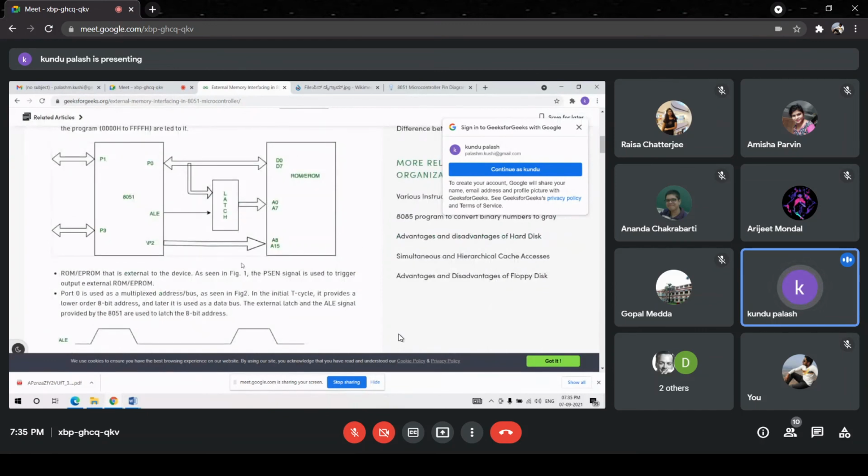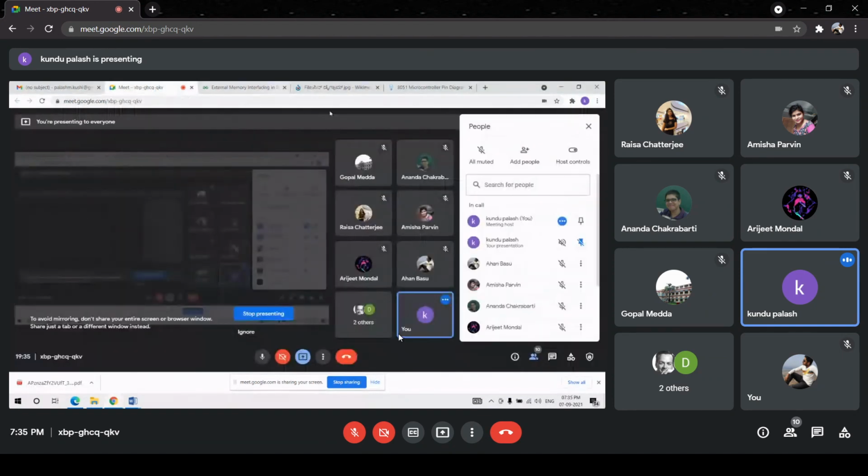Otherwise, this is a basic functional diagram. So try to understand the philosophy of memory interfacing, a very important part. Otherwise, you cannot apply the microcontroller to the application circuit.